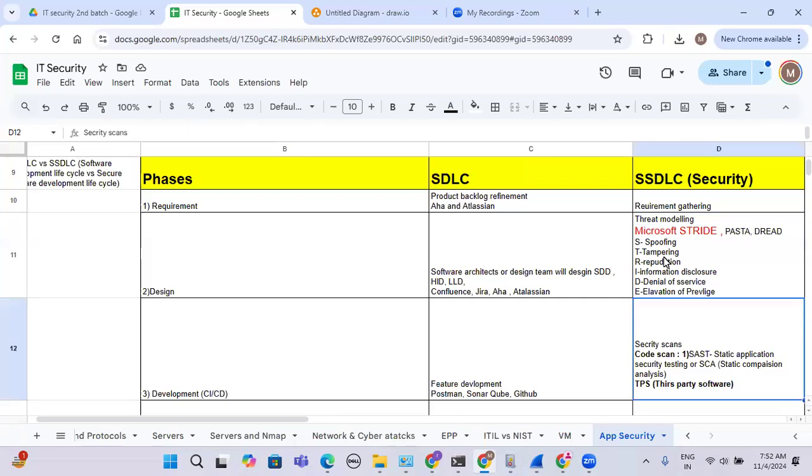In the development level, as part of the CI/CD pipeline, we have two different types of scans. One is code scanning, the second is TPS scan, third party software scan. Code scanning is also called static composition analysis or static application security testing.